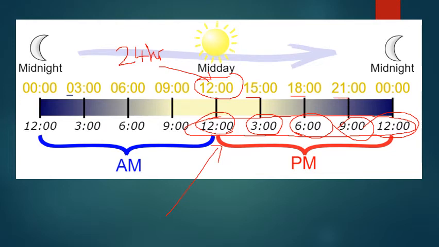What I want you to do is pause in a moment, have a look at the difference between these numbers. So what's the difference between 3 and 15? What's the difference between 6 and 18? What's the difference between 9 and 21?